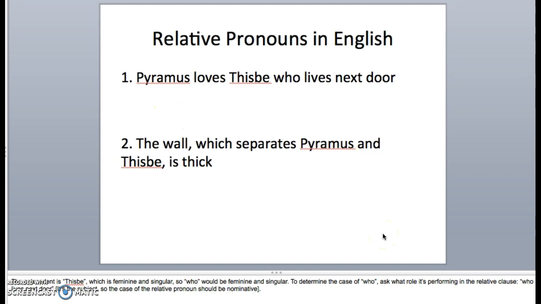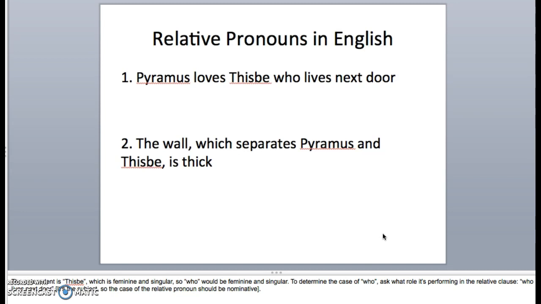Alright, so in sentence number 1, keeping that in mind, what would the gender and number of who be, given that its antecedent is Thisbe? Well, Thisbe is feminine singular, right, because it's the name of a woman. And so who would have to be feminine singular too.